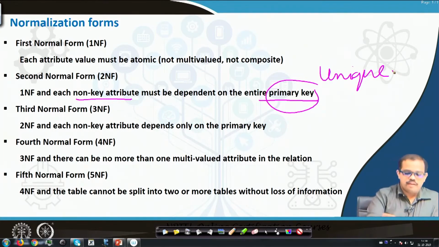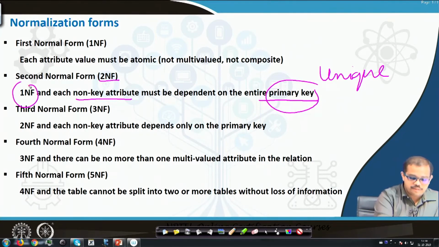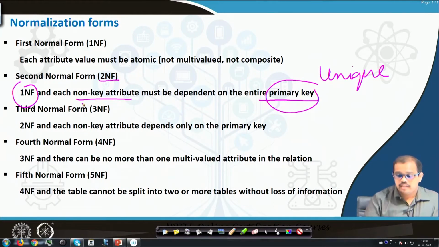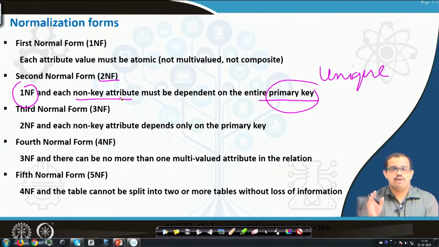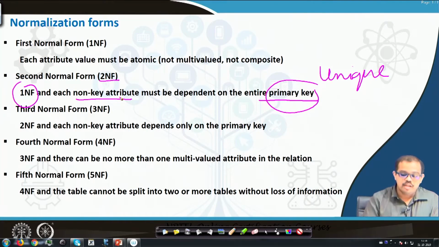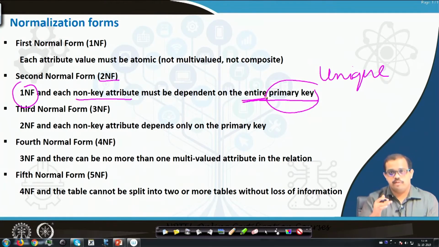So now when I am looking at the second normal form, it has to be in the first normal form, and any non-key attribute, which means those which are not considered as any kind of keys, whether it is primary key, secondary key or foreign key. So it is a non-key attribute that must be dependent entirely on the primary key. So this is what the second normal form means.